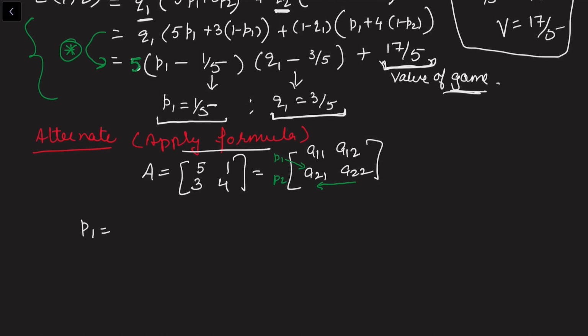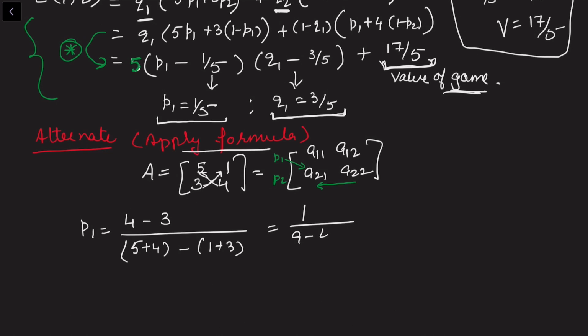So I am going to subtract 4 minus 3, upon the denominator, which is diagonal addition and opposite to diagonal addition, and then simply subtract these two quantities. So this is 5 plus 4 minus 1 plus 3. This quantity is 1 upon 9 minus 4. So this is 1 by 5. And you can see that the P1 we already calculated and this one are the same.